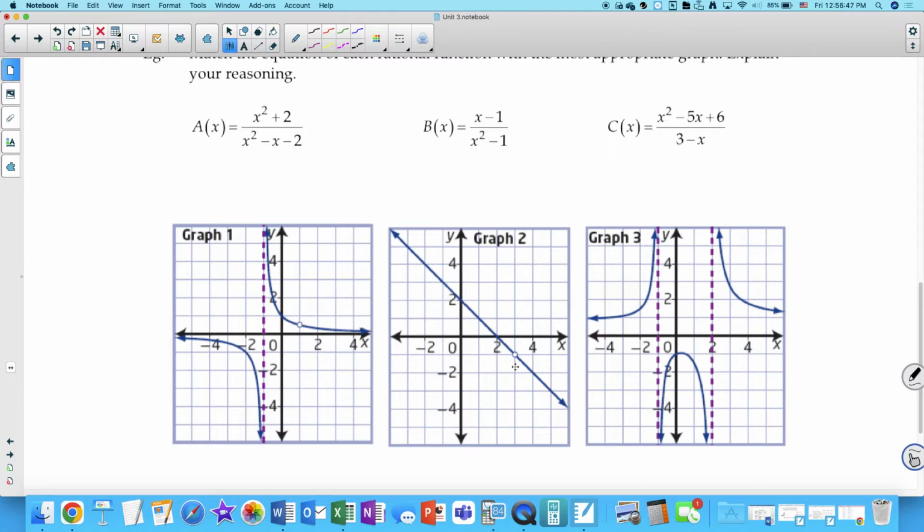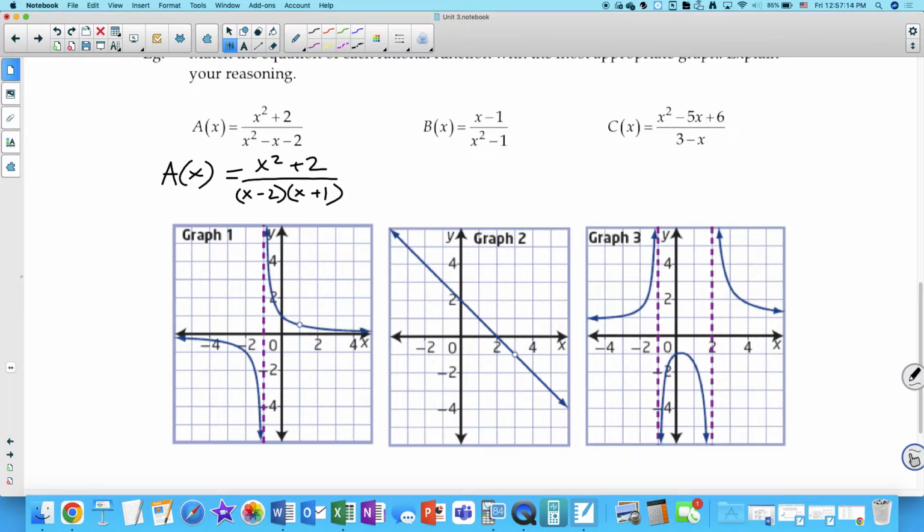Factor everything. Yes. Okay, so if I look at a of x, can I factor the numerator? No. Can I factor the denominator? Yes. I'm looking for two numbers that multiply to negative 2 and add to negative 1. That's negative 2 and 1.